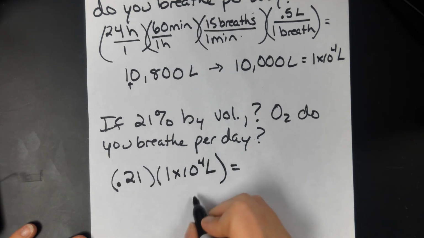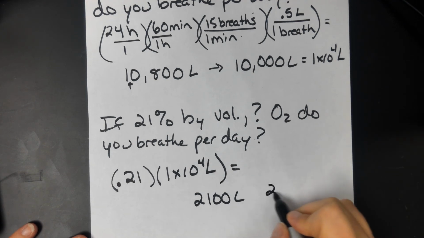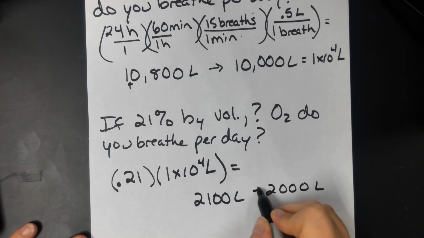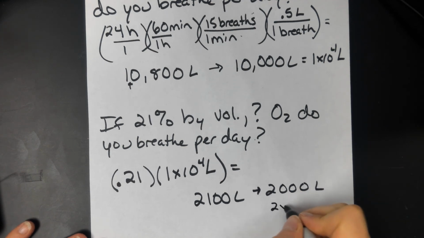I get 2,100 liters. Let me double check, because sometimes it's very picky with what you type in. It does say to 1 significant figure, so I'm going to say 2,000. Yes, 2,000, or 2 times 10 to the 3 liters.